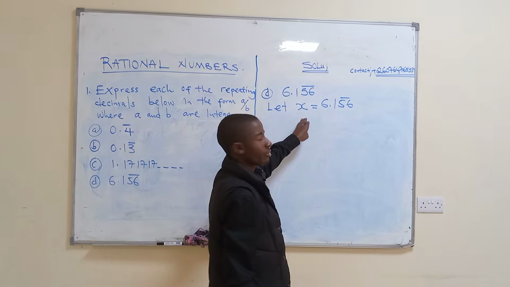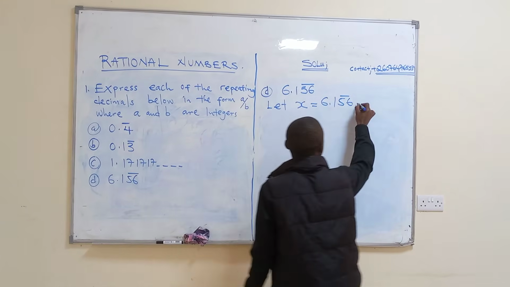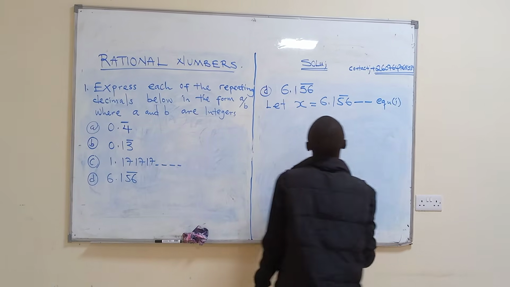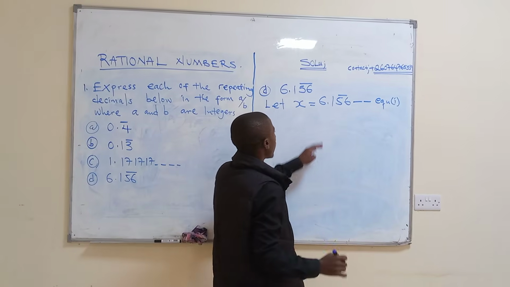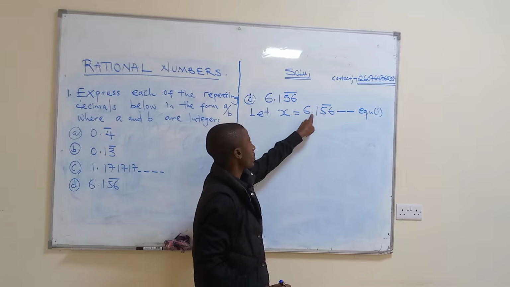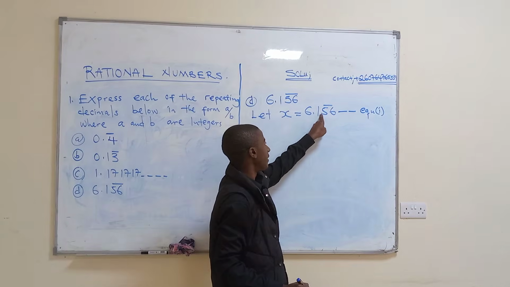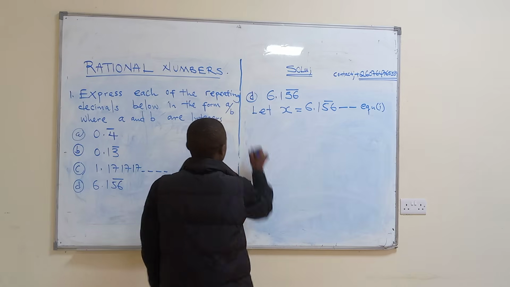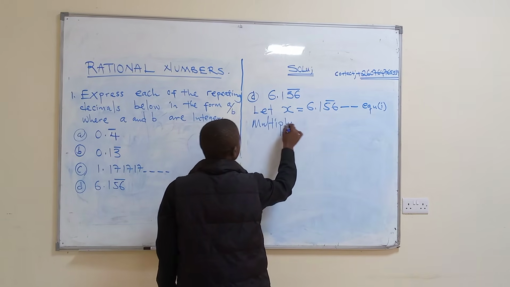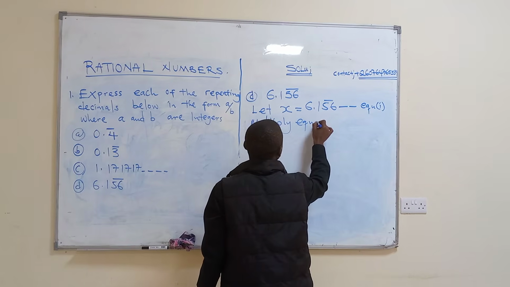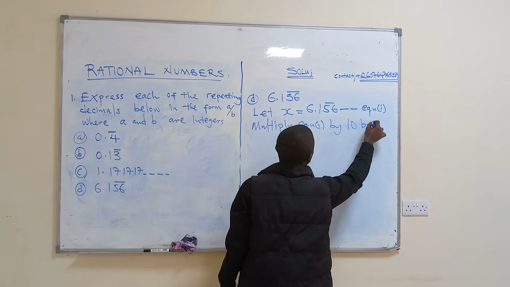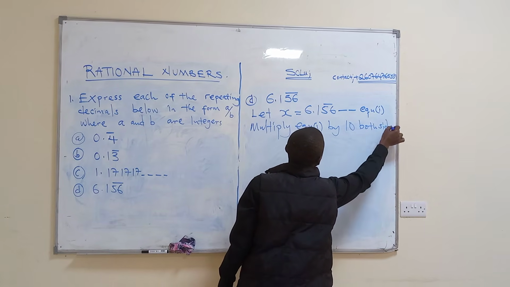So this is your first equation. So say equation 1. So from there, what can I do? What I'm going to do is multiply by 10 so that this point can move one step. So multiply equation 1 by 10 both sides.